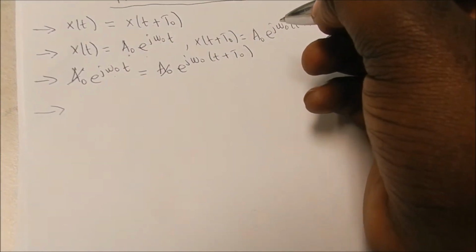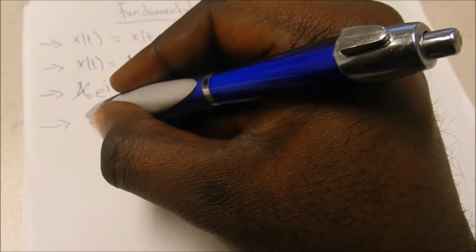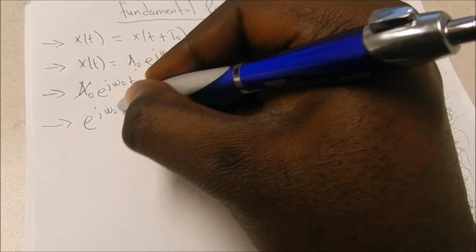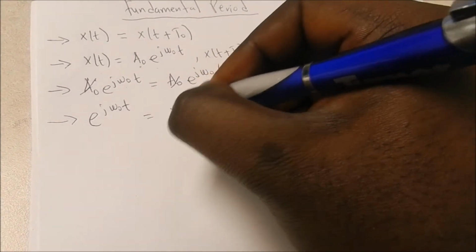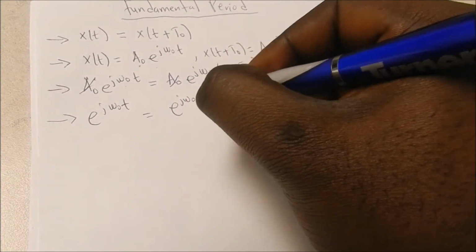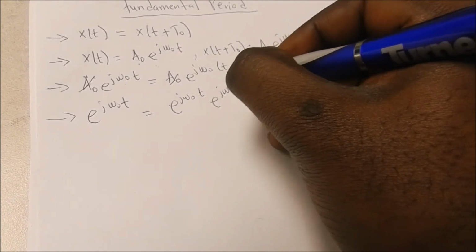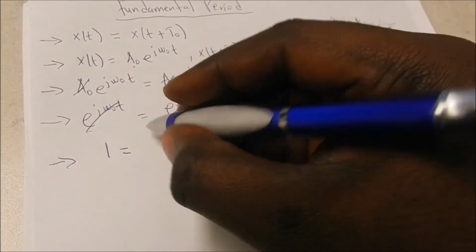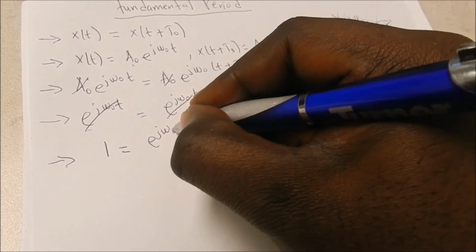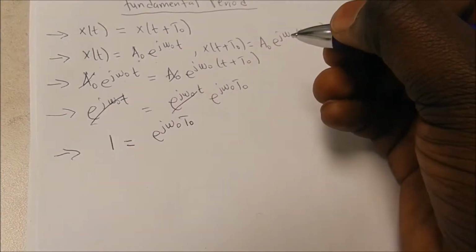To simplify, we break this down: e to the j omega naught t times e to the j omega naught t naught. The e to the j omega naught t terms cancel each other, so right now we have 1 equal to e to the j omega naught t naught.